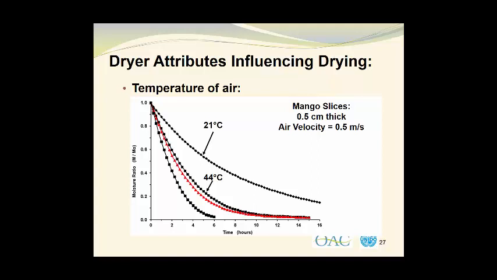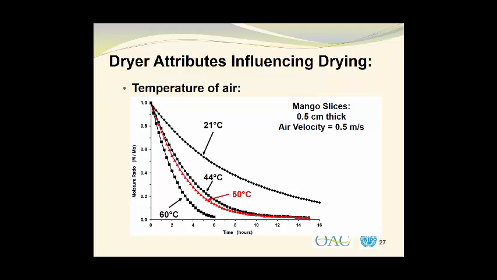The next curve is colored red because that's the temperature which I tend to use in most of the drying runs in the laboratory dryer. And as you can see here, it has a faster drying rate than the 44 degrees Celsius temperature, but not nearly as much of a difference as there was in going from 21 degrees Celsius to 44 degrees Celsius.